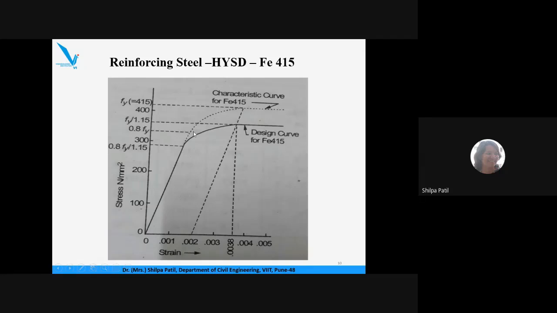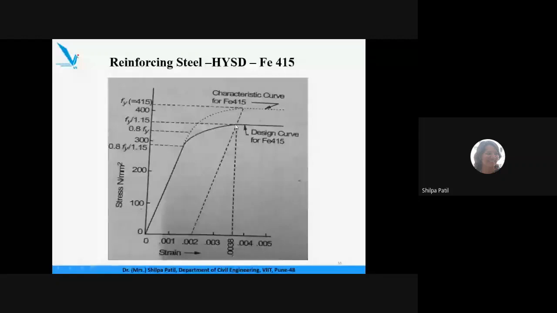So what is assumed? The design stress curve is linear up to the design stress of 0.8 Fy divided by 1.15, and it becomes non-linear till it reaches the value of 0.87 Fy. The corresponding strain at this point is taken as 0.002 plus 0.87 Fy divided by Es, the E value for the steel.